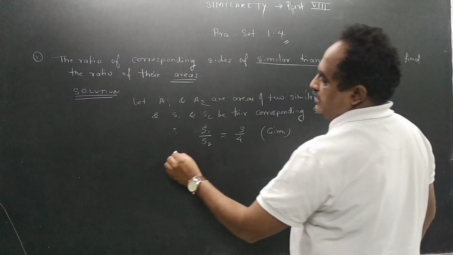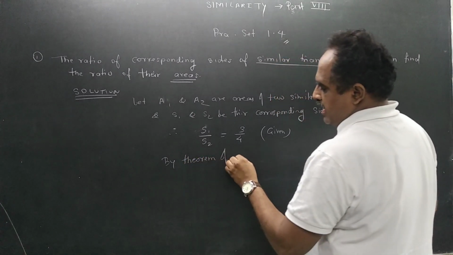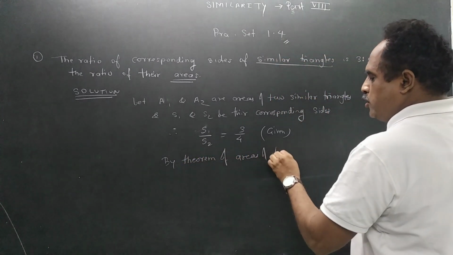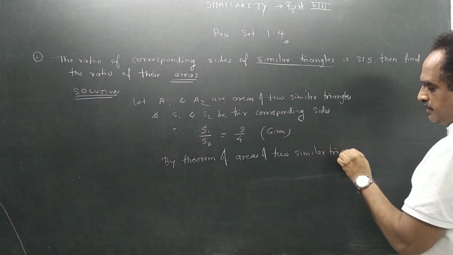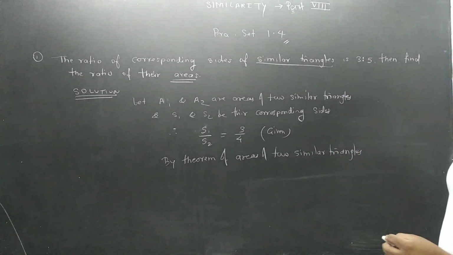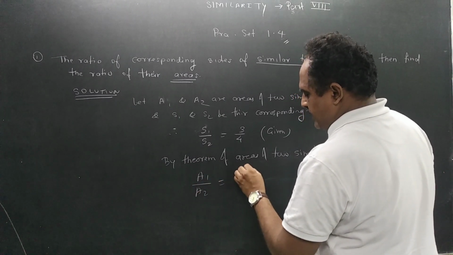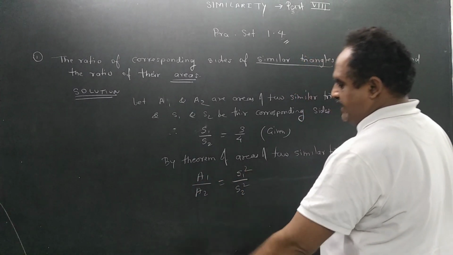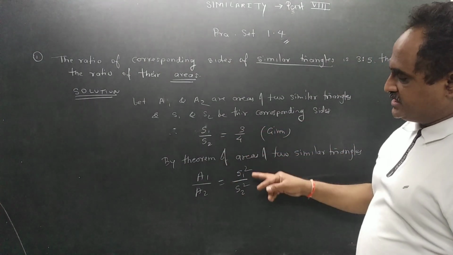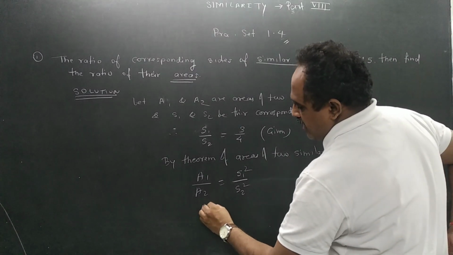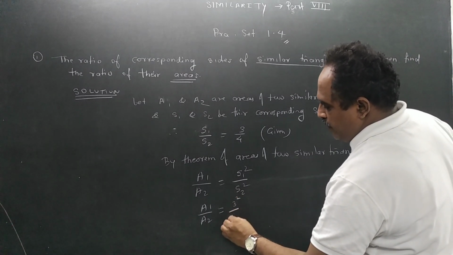Now you are going to write, by the theorem of areas of two similar triangles, we are going to use what? A1 upon A2 is equal to S1 square upon S2 square. So we are having the value of S1 upon S2, so A1 upon A2 is equal to 3 square upon 5 square.